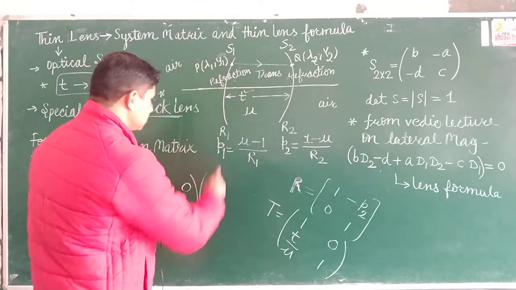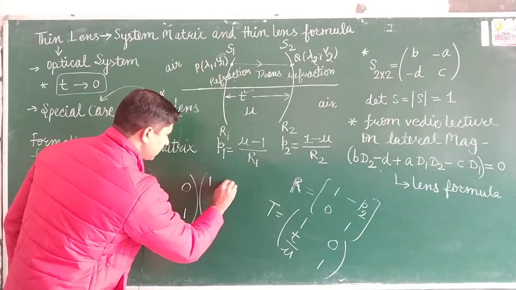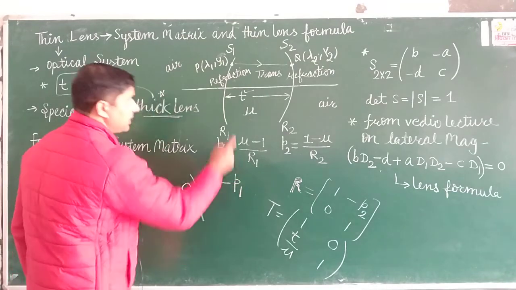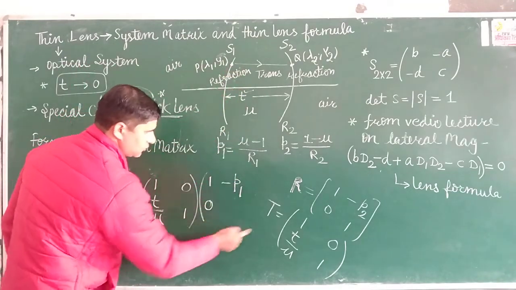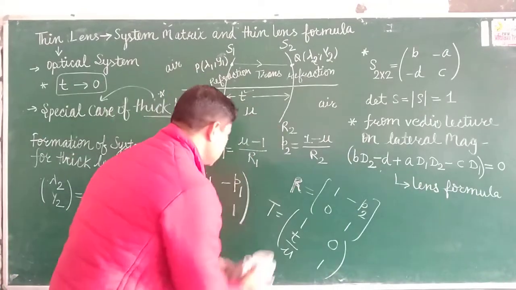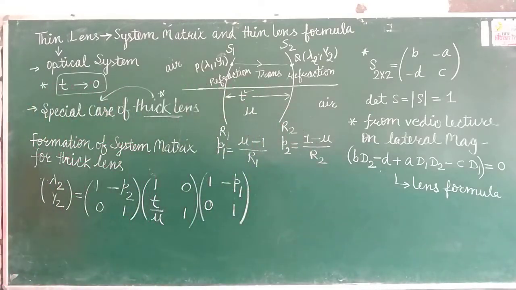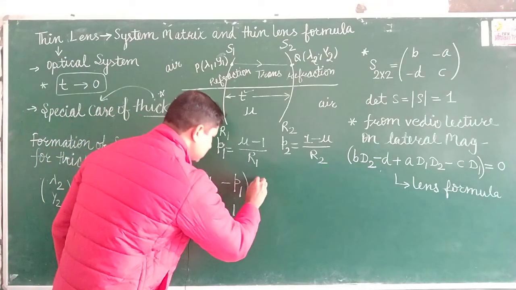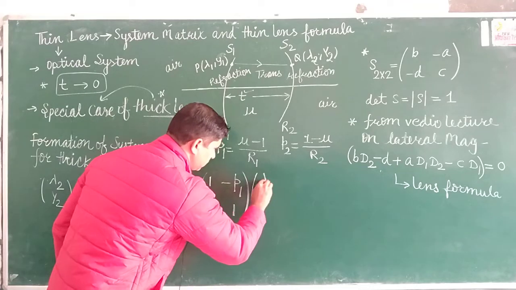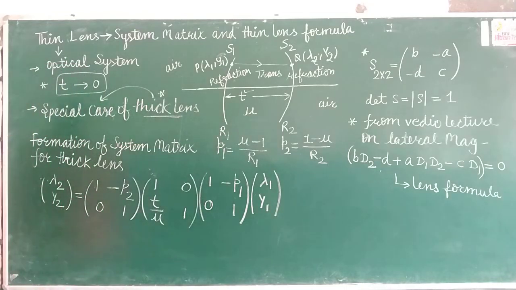So again you will write the elements of the refraction matrix, and here the power will be P1, the power of the first refracting surface, then you have 0, and then you have 1, and in this way you can connect the optical coordinate of point Q on the second refracting surface and the optical coordinate of P on the first refracting surface. Those are lambda 1 and y1.